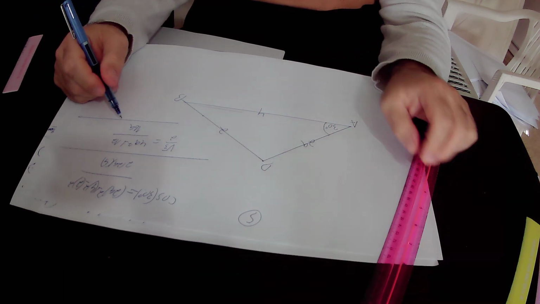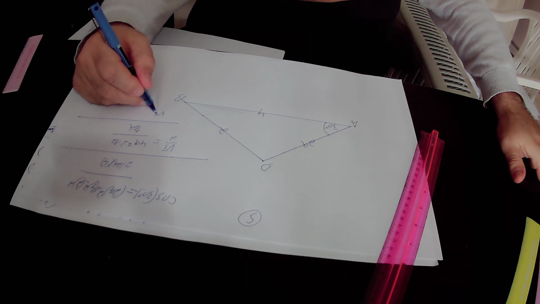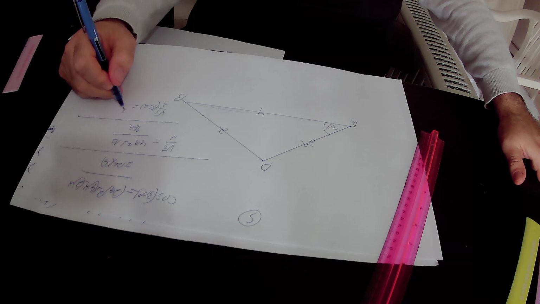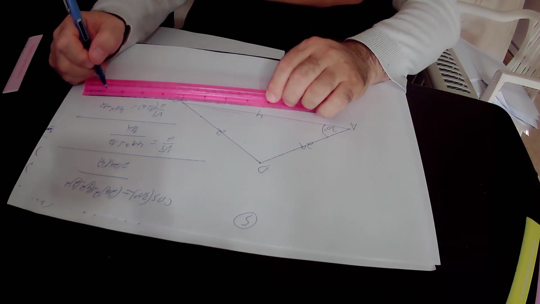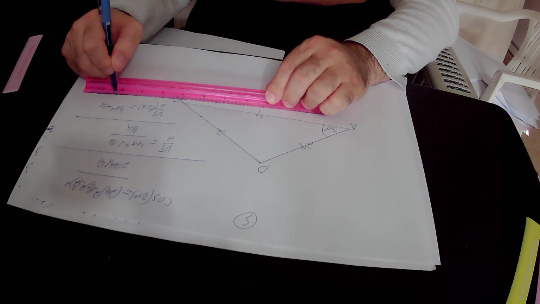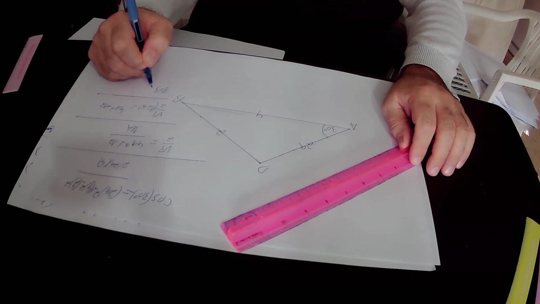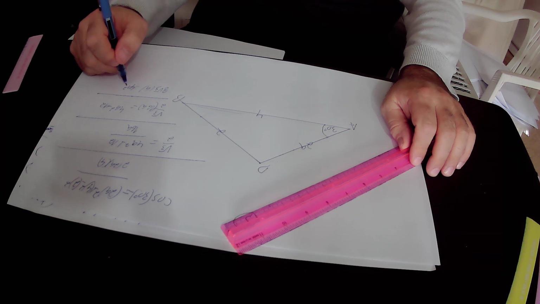So we multiply this equation by 16A, and we get square root of 3 over 2 times 16A equals 4A squared plus 12. 16 over 2 is 8, so 8 times square root of 3 times A equals 4A squared plus 12.